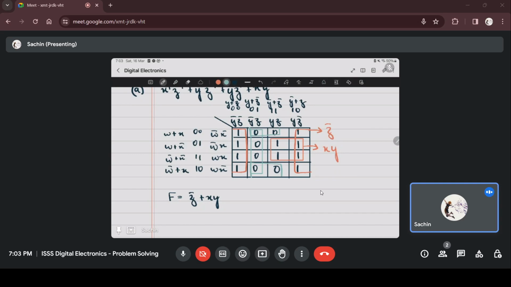So in those terms, this quad will be x plus z, x plus z bar, and this quad will be y plus z bar. So the same function in product of sums form is y plus z bar into x plus z bar.